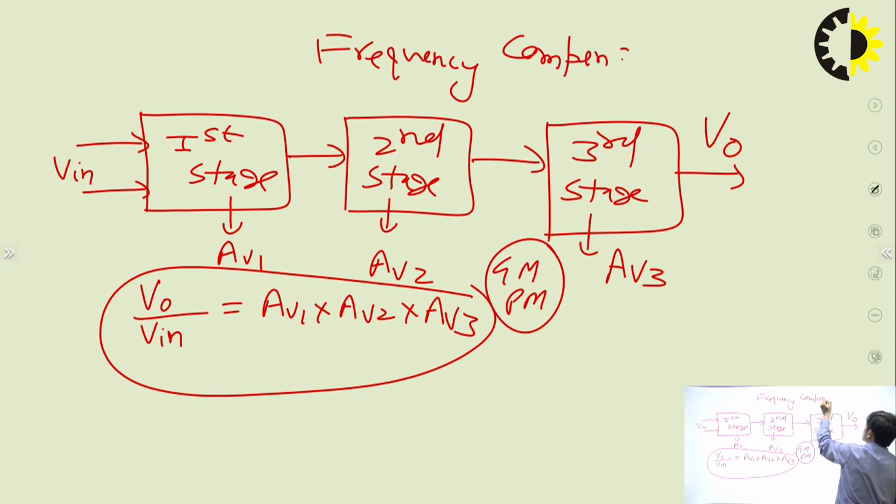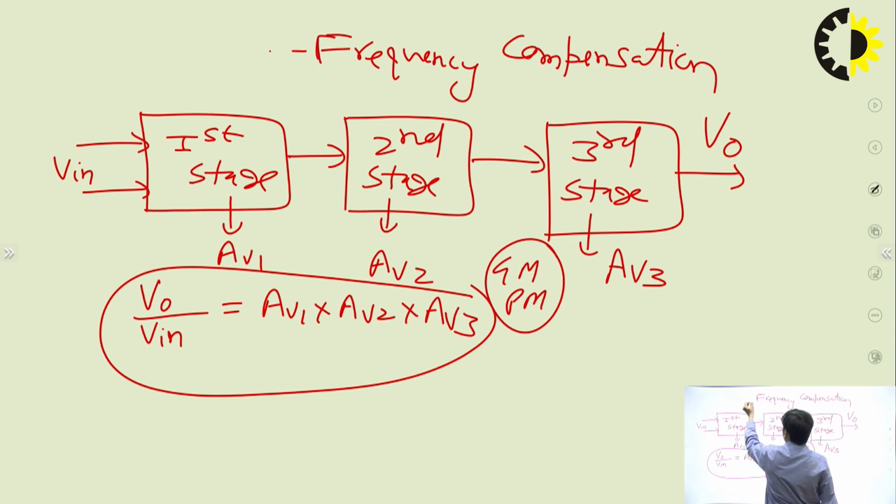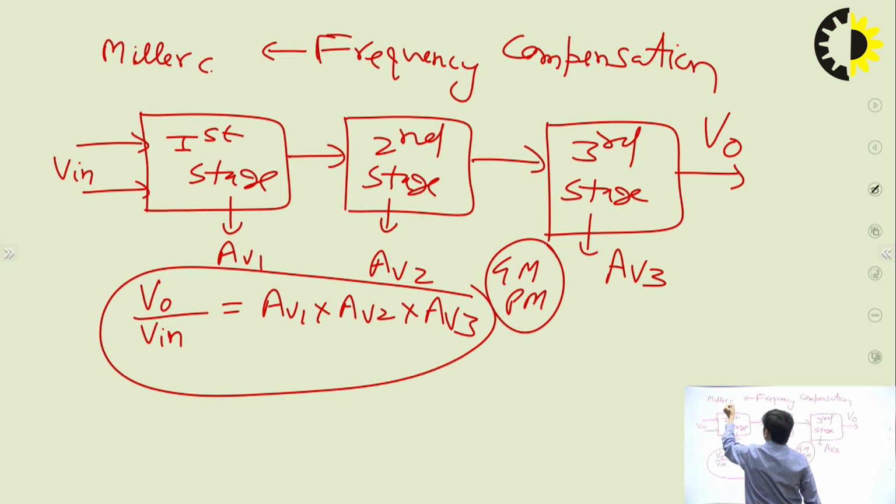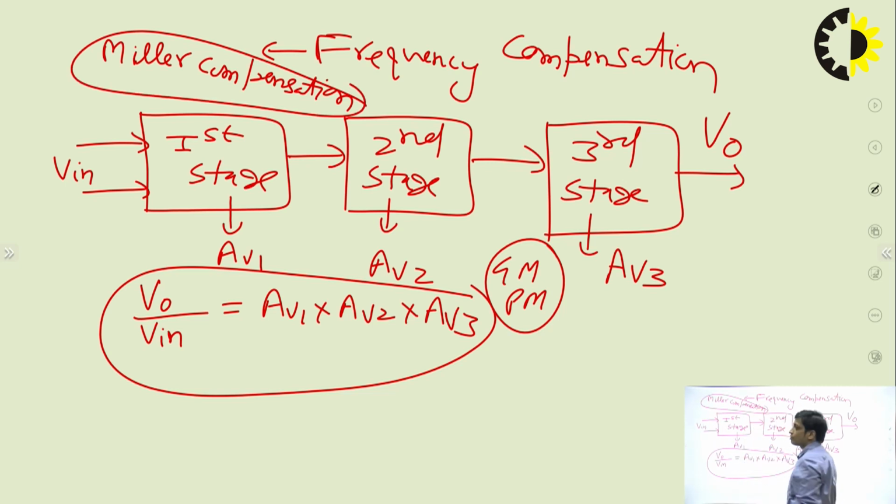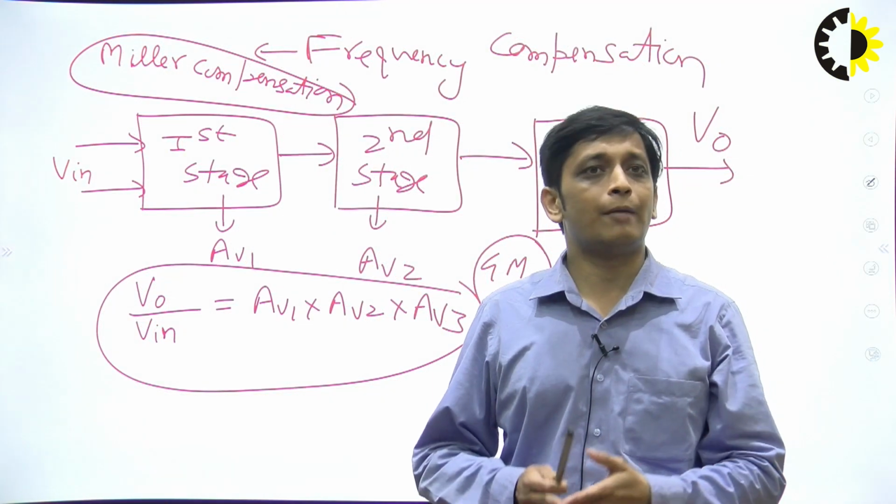Frequency compensation is a technique to stabilize the amplifier. And one of the most popular frequency compensation techniques is Miller compensation. So when we go for multi-stage amplifier, we need to apply this Miller compensation in the amplifier circuit in order to stabilize the amplifier.